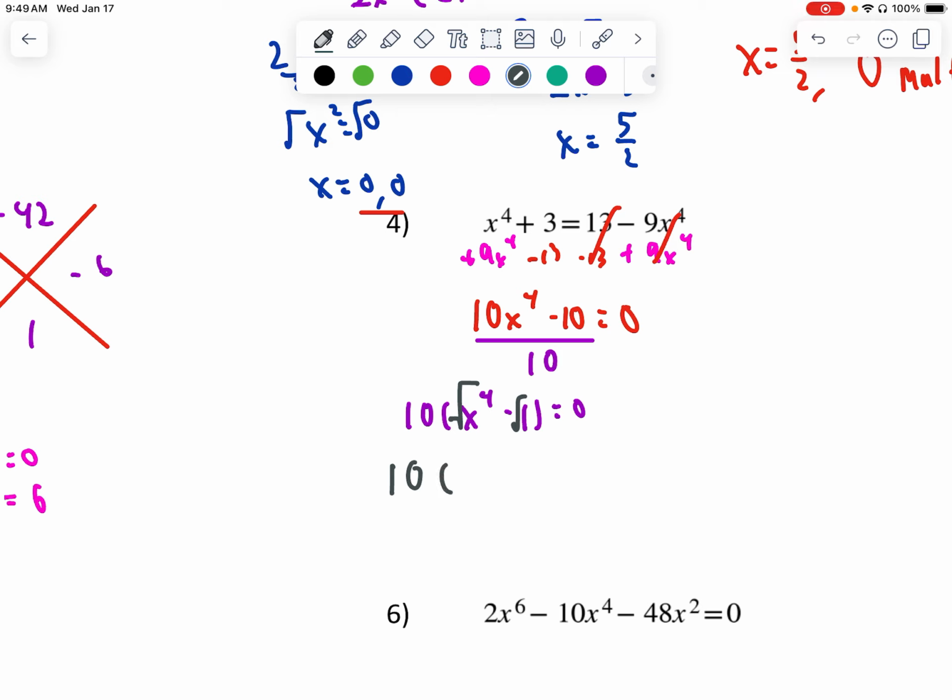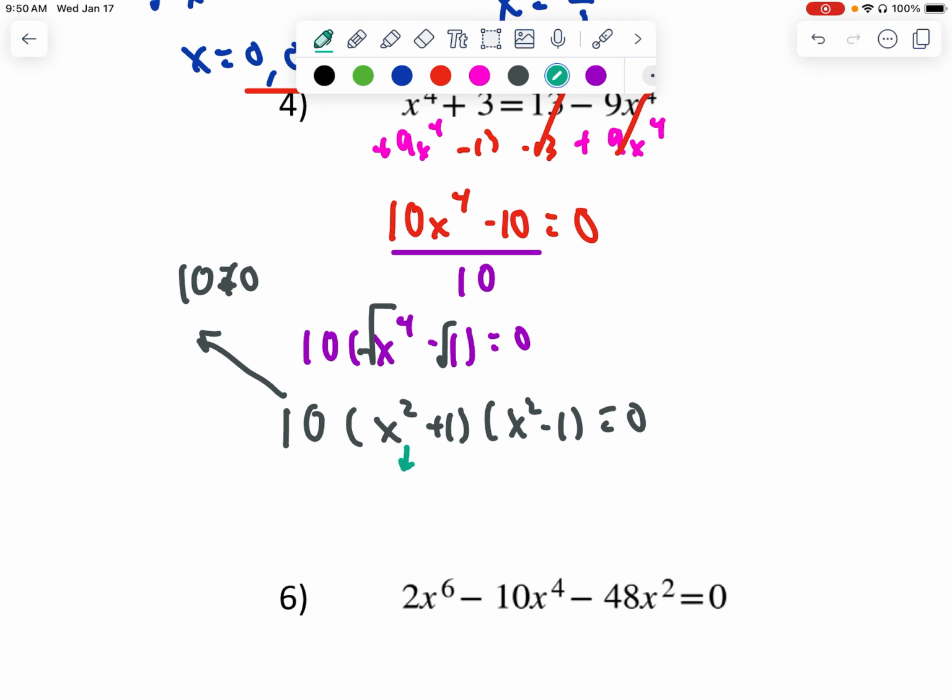This gives us 10 times x squared plus 1 and x squared minus 1 equal to 0. Now we can go ahead and set our x terms equal to 0. Remember, we don't need to set this 10 equal to 0 because 10 is not equal to 0. So don't say that one of your solutions is 10. We can't solve that, so that kind of gets canceled out.